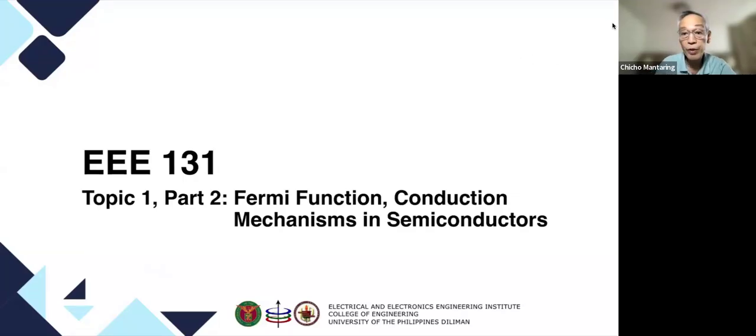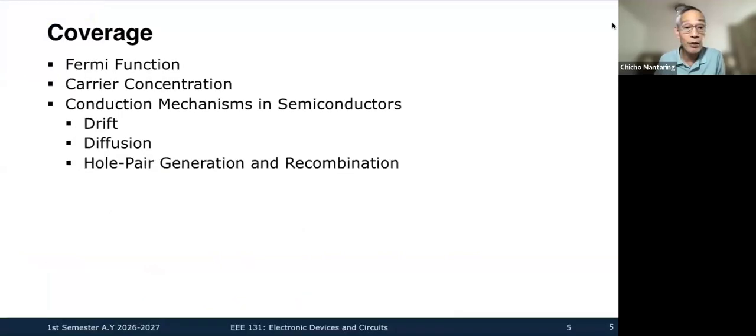Okay, so this is what we're going to take up in this second part of topic 1, Fermi function, conduction mechanisms in semiconductors. We're going to take up the Fermi function. I hope you don't get intimidated by this. This is a mathematical formula.